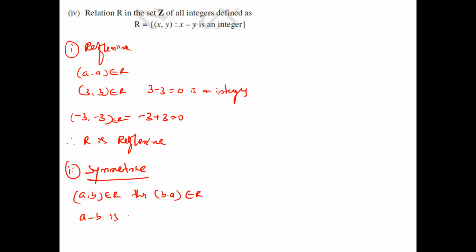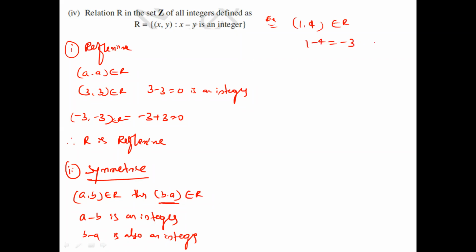If a minus b is an integer, what about the (b, a) condition? (b, a) is nothing but b minus a, and b minus a is also an integer. In general, you can take any number. For example, I'll take (1, 4). 1 minus 4 is nothing but minus 3, and minus 3 is an integer.